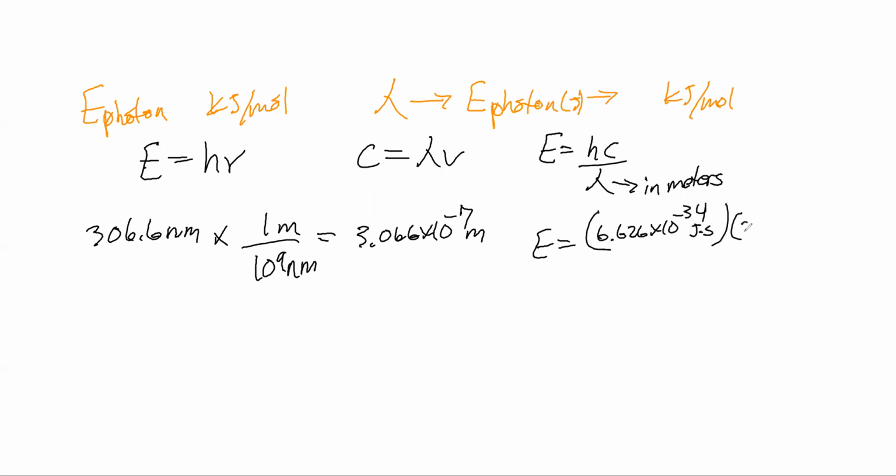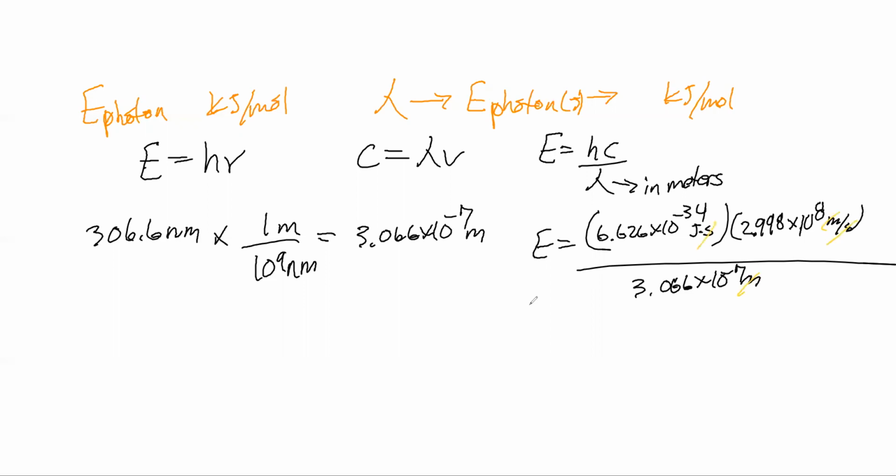I can use my speed of light, 2.998 times 10 to the 8 meters per second. And I can use this for my meters. You can see that my units are going to cancel, my meters and my meters, my seconds and my seconds. And so we're going to get this as the energy of a photon, joules. So that becomes 6.626 times 10 to the negative 34 times 2.998 times 10 to the 8.